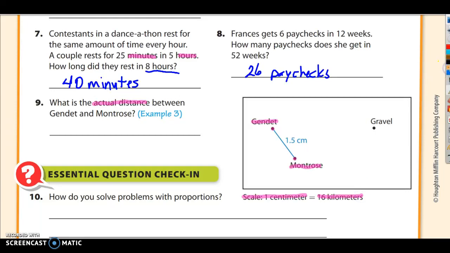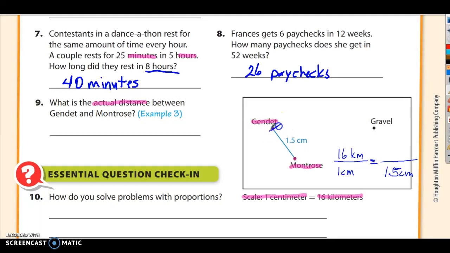So what we do on a problem like this is we write our scale, which is right here, as 16 kilometers is 1 centimeter. And then I'm going to write equals, and I want to know the distance in kilometers of 1.5 centimeters. Now there are various ways to do this. One way to do this would be use mental math. You could draw a picture here, and I'm okay with this method.